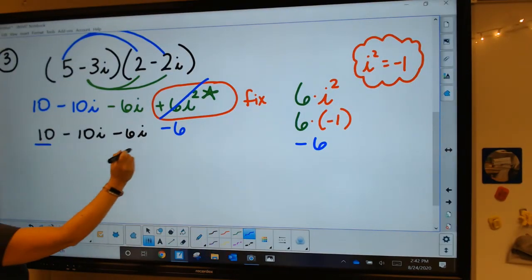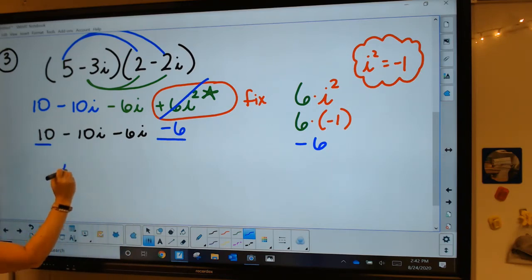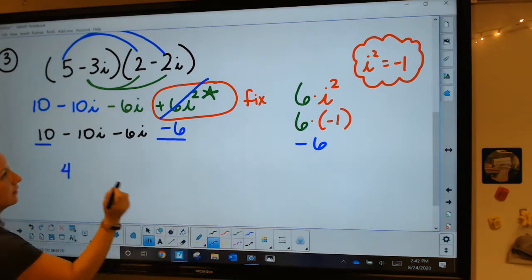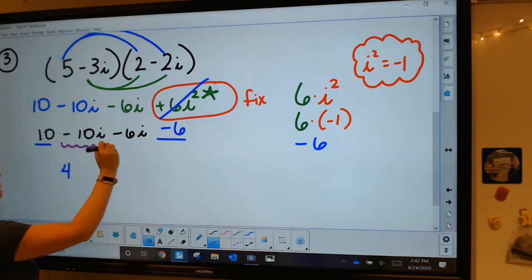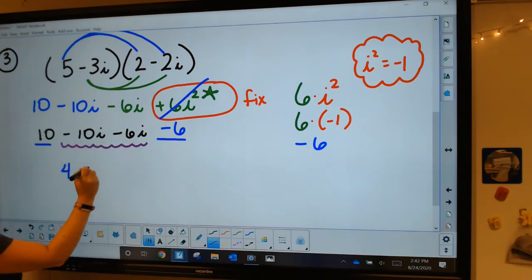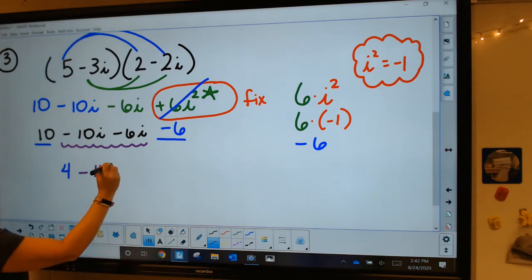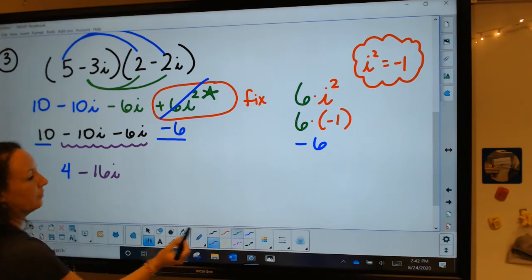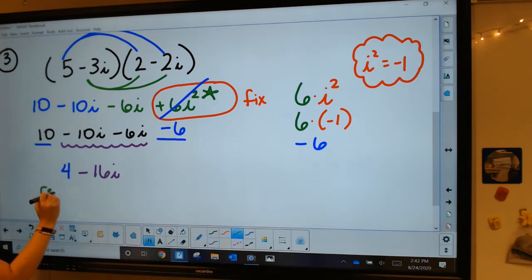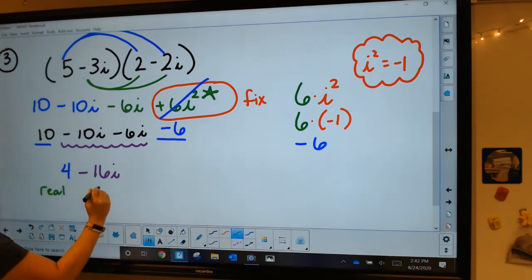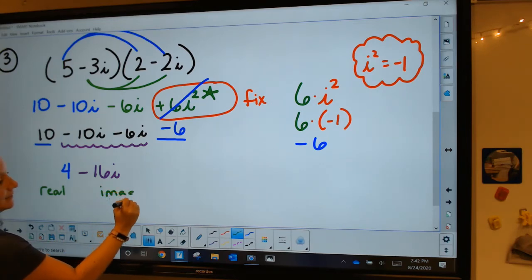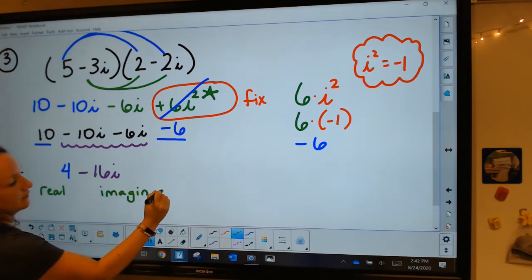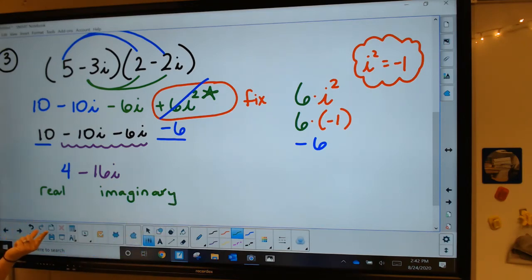So 10 take away 6 is 4. And 10i minus 6i will be negative 16i. Always make sure that you have your real number first and your imaginary number second. Because that's standard form for a complex number, and we'll be looking for you to be doing that.